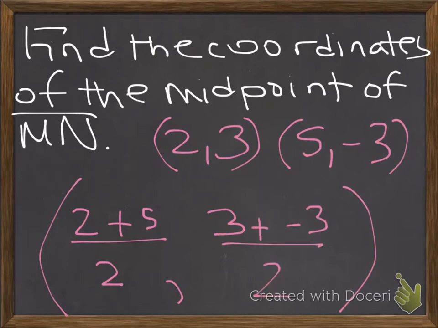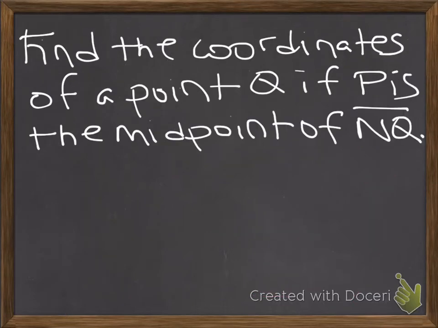So we get 2 plus 5 over 2, or 7 over 2. And 3 plus -3 is 0. 0 over 2 is 0. So we get 7 over 2, comma, 0, or 3.5, comma, 0. And that's our midpoint.